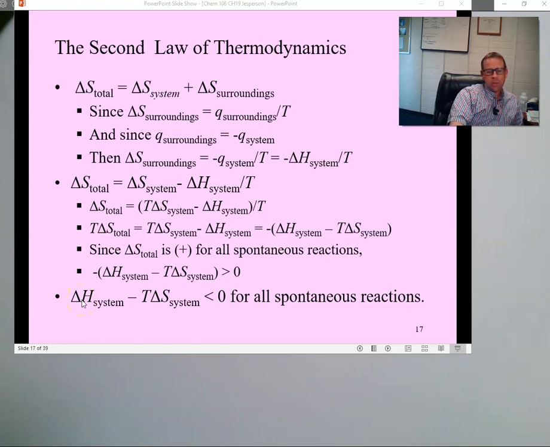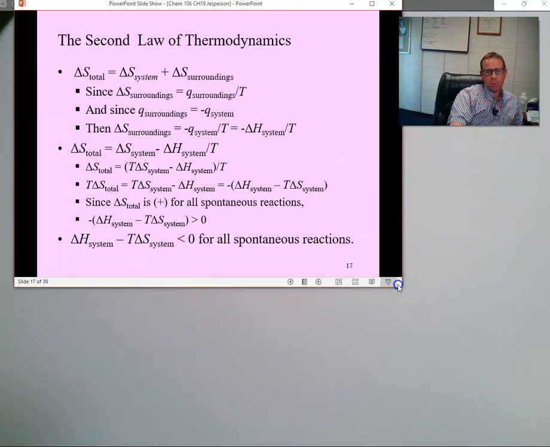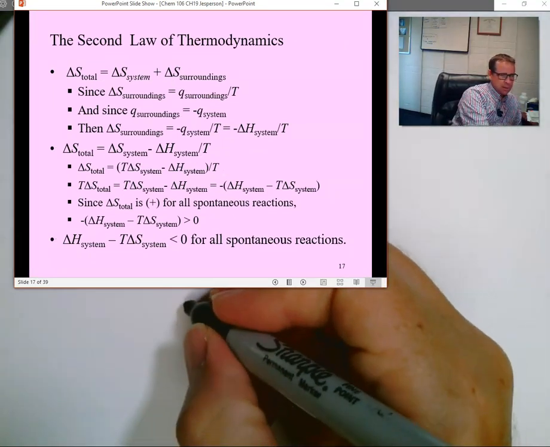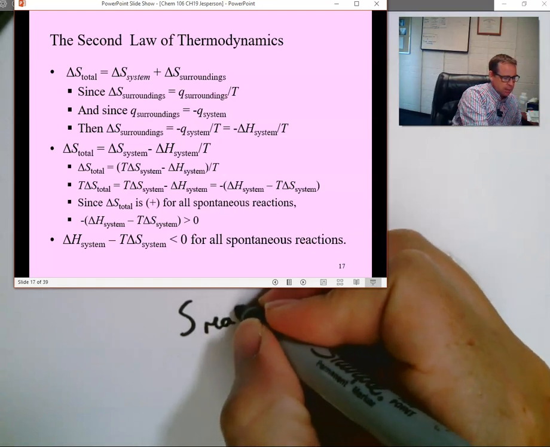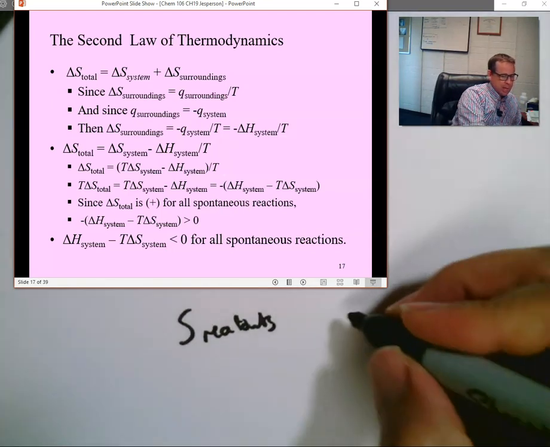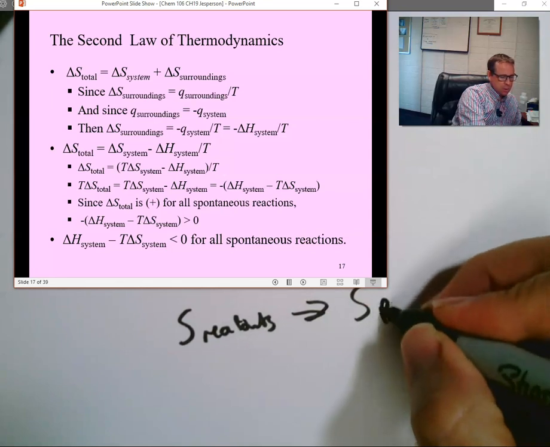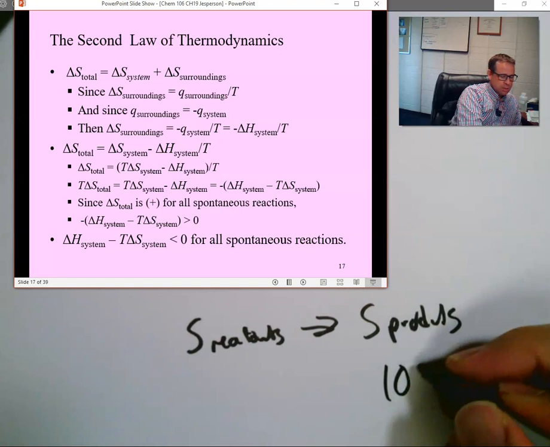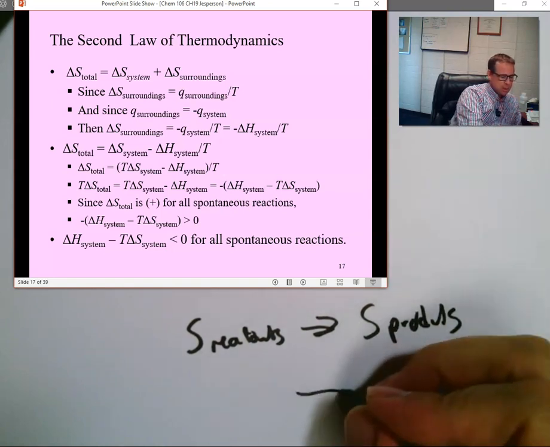Okay? So the way that we get this to be negative is we throw in a negative sign here for the delta S of a system. All right, we just saw that if a process is getting more disordered, so looking at the S for the reactants, for example, and comparing that to the S of the products, if the products are more disordered, let's give it some value, S would equal 100, let's say.